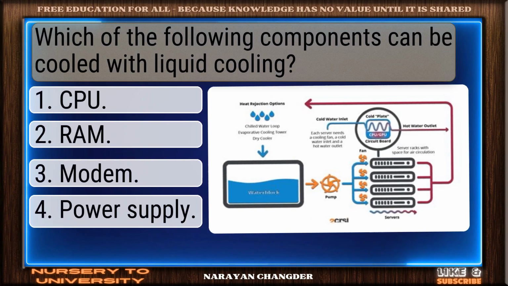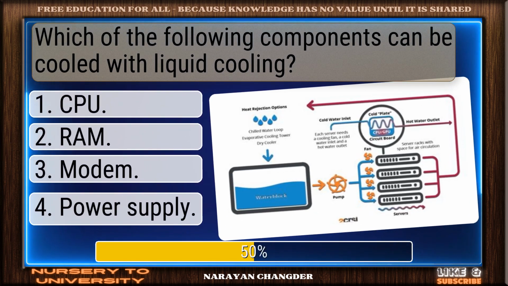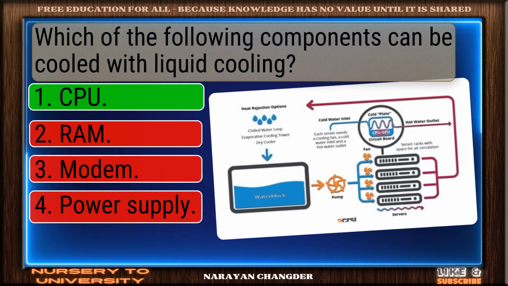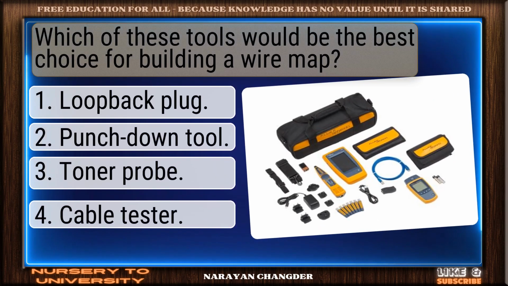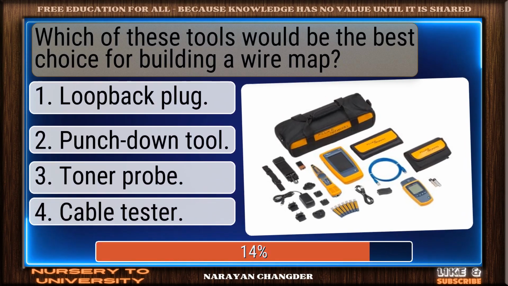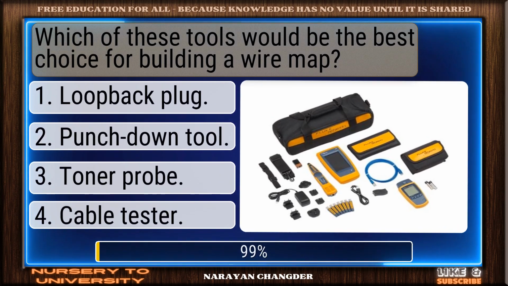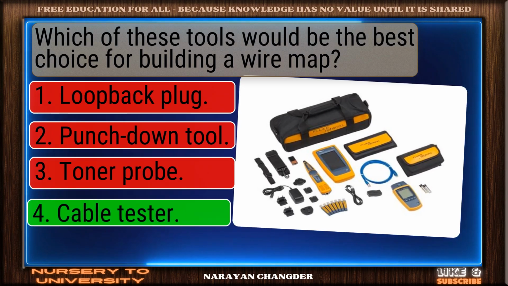Which of the following components can be cooled with liquid cooling? Clear logic. Your choice CPU is sound. Which of these tools would be the best choice for building a wire map? Nicely done. Cable tester is a solid answer.